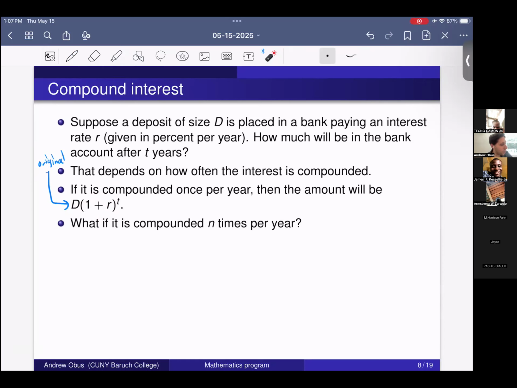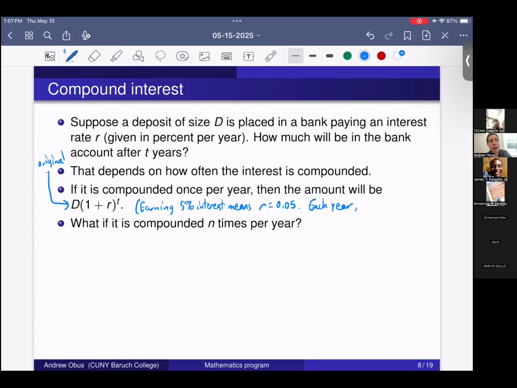Because earning 5% interest means that we take R to be 0.05, and then each year, what does it mean to earn 5% interest?